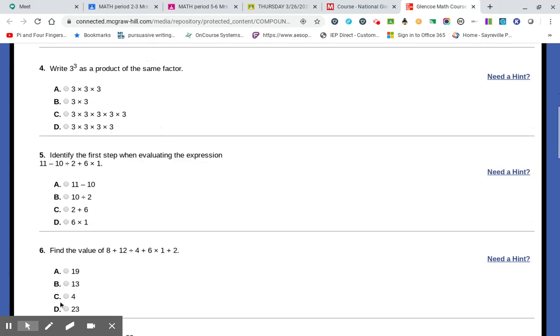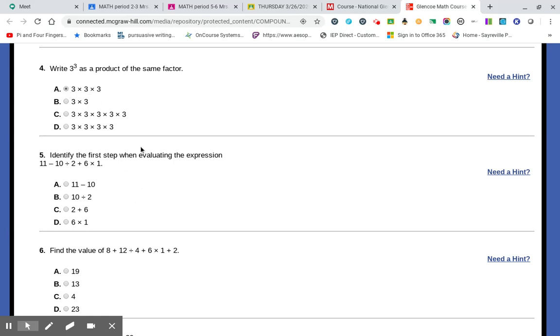All right. Number 4, 3 cubed, or 3 to the third power, as a product of the same factor. So what that means is you're going to just write this in expanded form. Which one, A, B, C, or D, shows me 3 3s? 3 times 3 times 3.